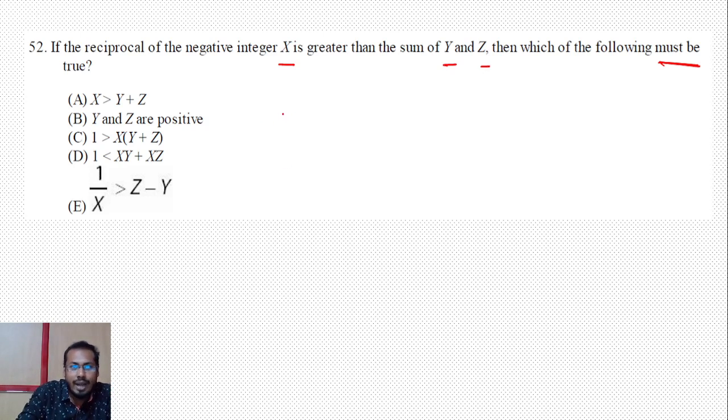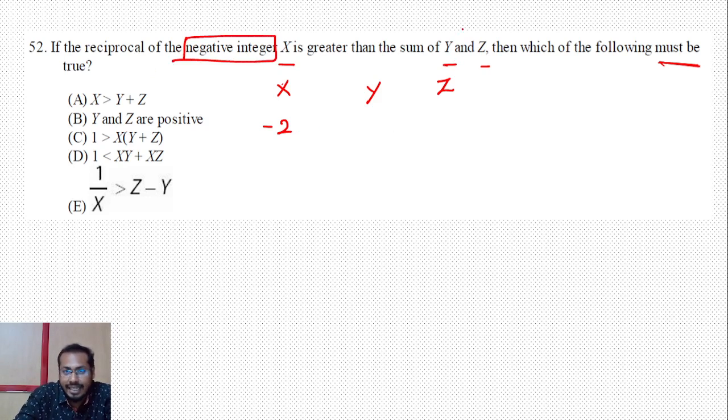So now I am going to take some values for these. Let's take x, y and z. Let's take x equal to -2, because they say it is a negative integer. Now for y and z, the sum of y and z should be less than x's reciprocal.